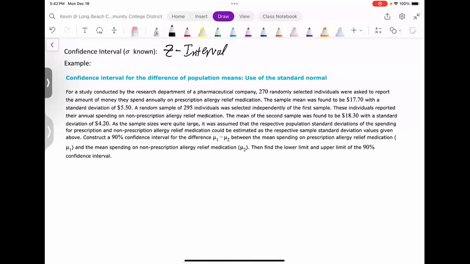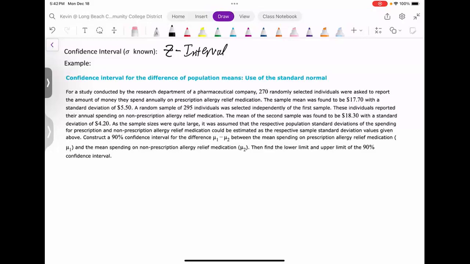For a study conducted by the research department of a pharmaceutical company, 270 randomly selected individuals were asked to report the amount of money they spend annually on prescription allergy medication. The sample mean was found to be $17.70 with a standard deviation of $5.50. A random sample of 295 individuals was selected independently of the first sample. These individuals reported their annual spending on non-prescription allergy relief medication.